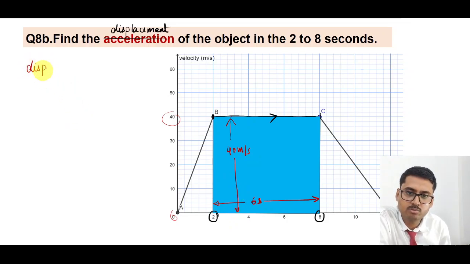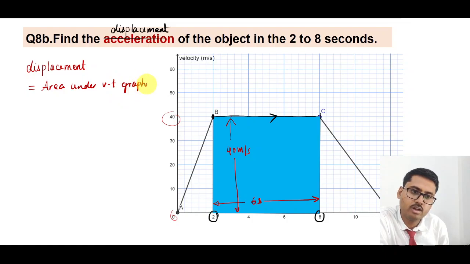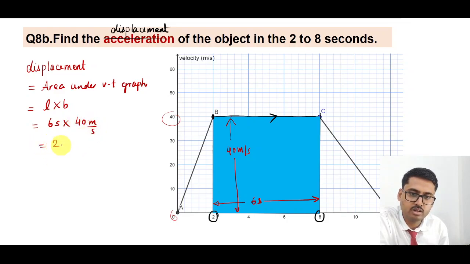I'll write here, in exam you are supposed to write like this: displacement is equal to area under the VT graph, and that is equal to, I'll take the formula L into B, and length, let this be 6 seconds, and breadth be 40 meter per second, and that's again coming as 240 meter as the seconds get cancelled out.